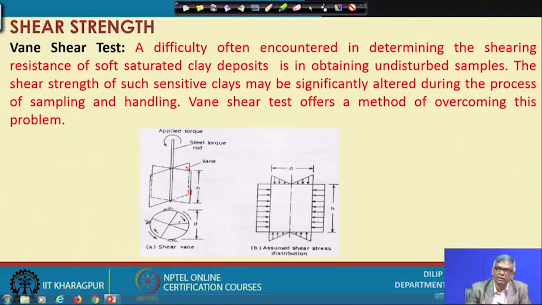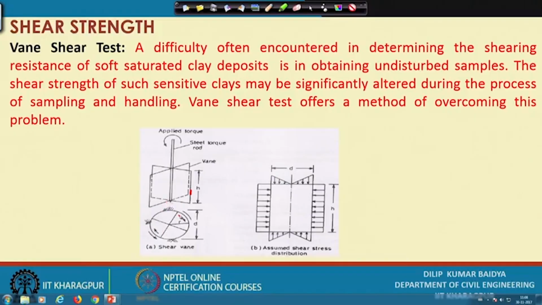This vane, connected to the rod with 4 vanes, can be lowered or pushed inside the soil to the desired depth, and through the rod we can apply a torque, and when we apply the torque, shearing resistance will be developed at different places.